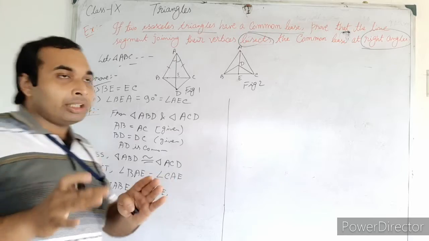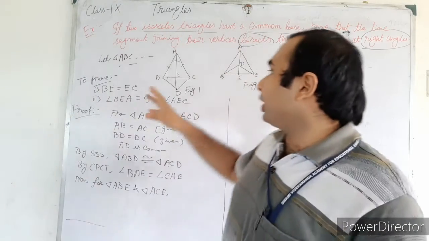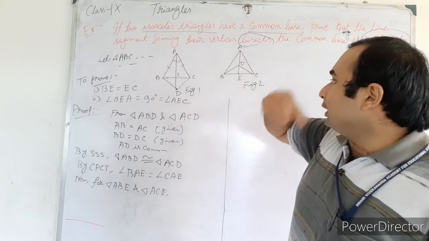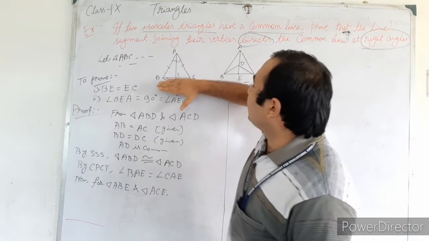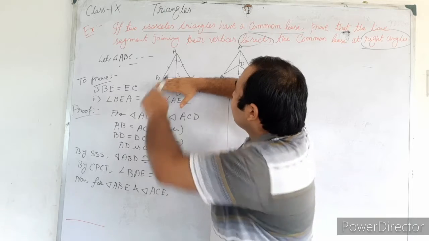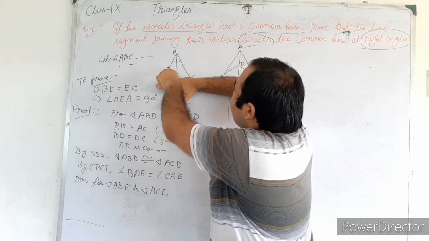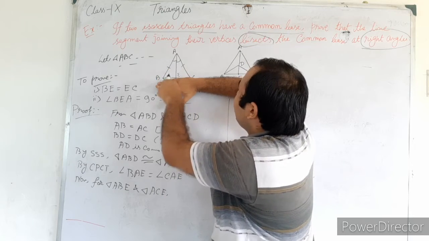Actually our main target to prove here is that BE is equal to CE. Now, we can directly prove it, just see here, if we take only this triangle ABC, here this is equal to this, it is given.